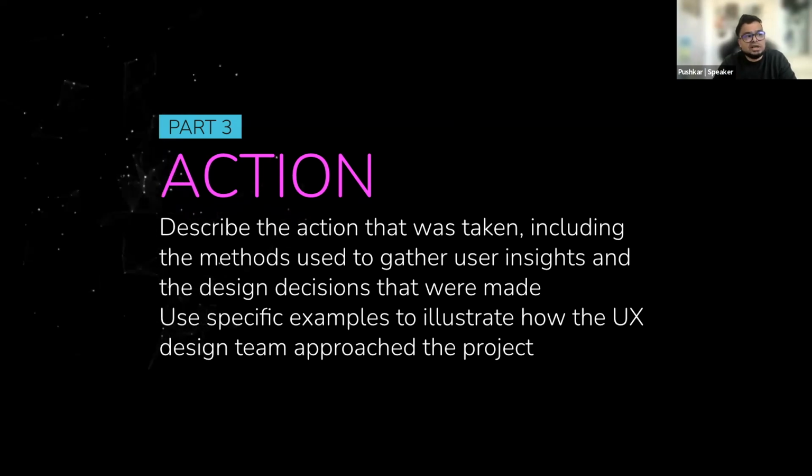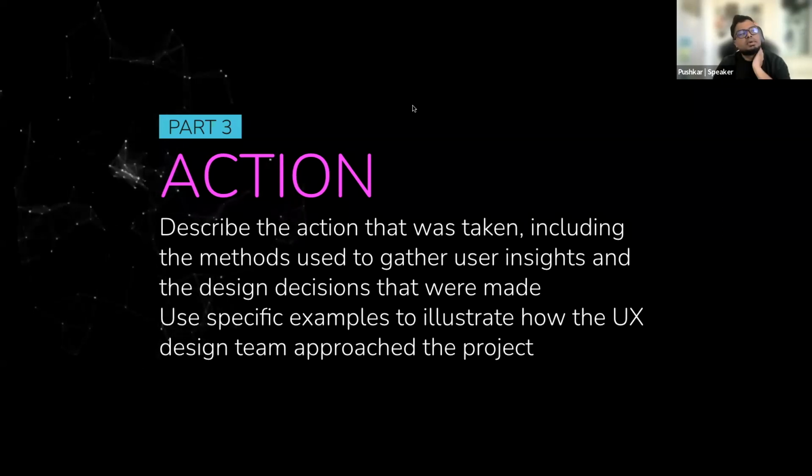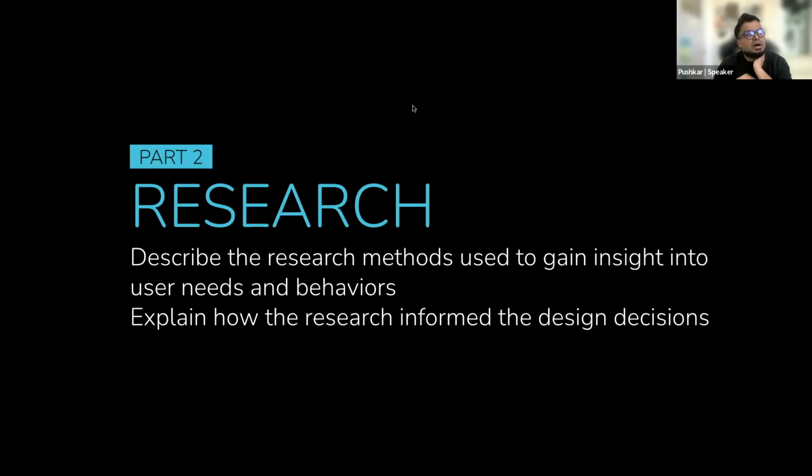So the action again. Use specific examples to illustrate how you and the design team approached the project. Action is the third part. Now here I'm starting to talk about details in the action bit, right? I said that the blue part is not as essential. It's kind of interchangeable, but sometimes it's what you're doing.